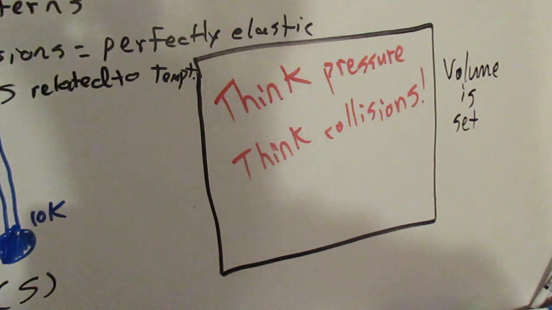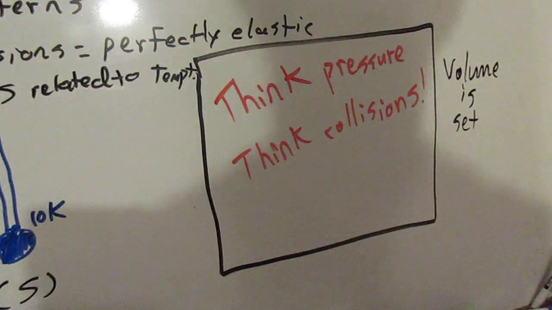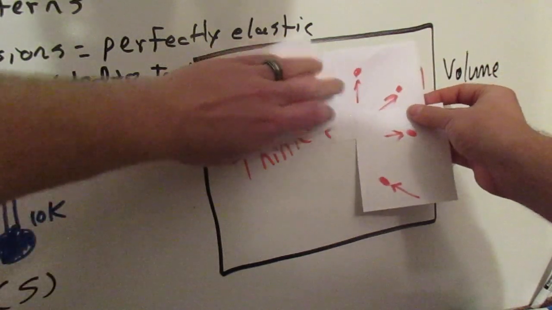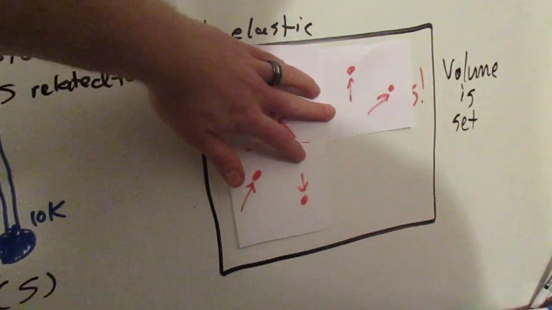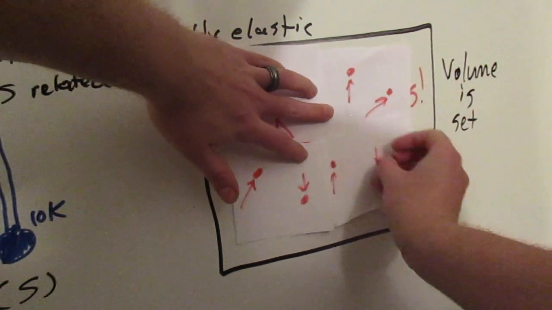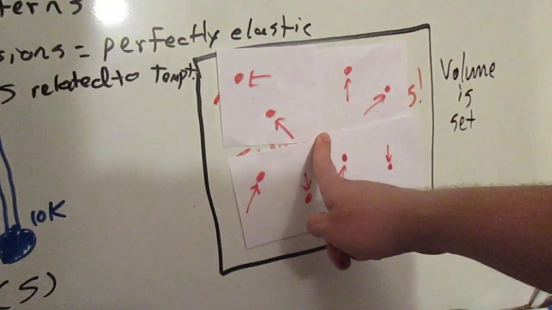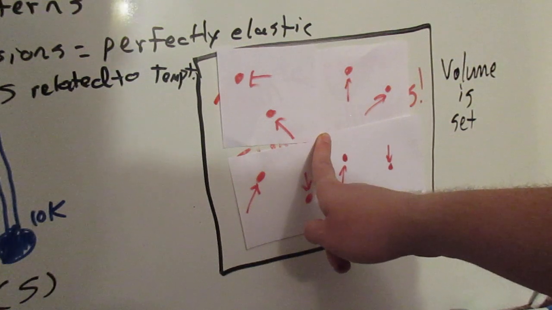When you start to squish the volume, make the volume smaller, you're increasing the number of collisions because they're closer together, right? If I had all these particles, going back to this, and I know I'm not showing this 100%, so I apologize. If I have all these particles just randomly here, there's plenty of space for them.